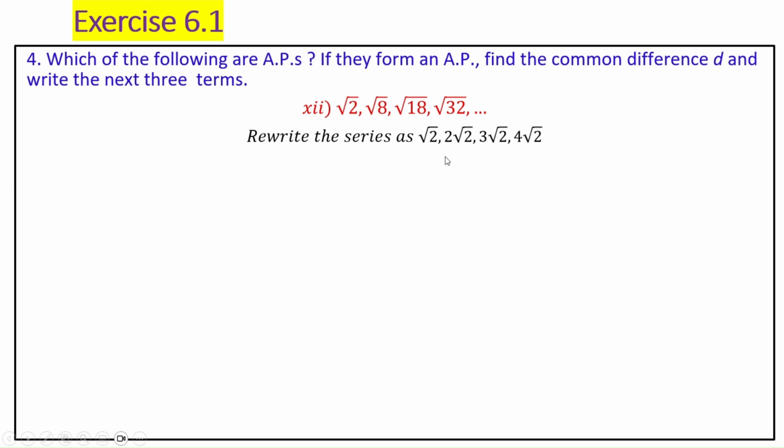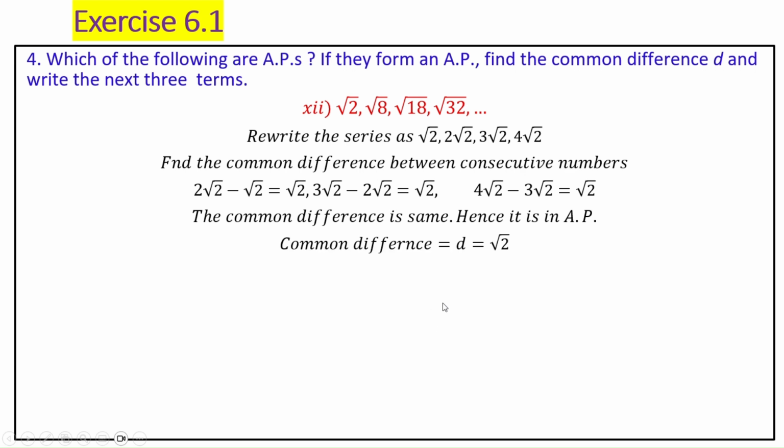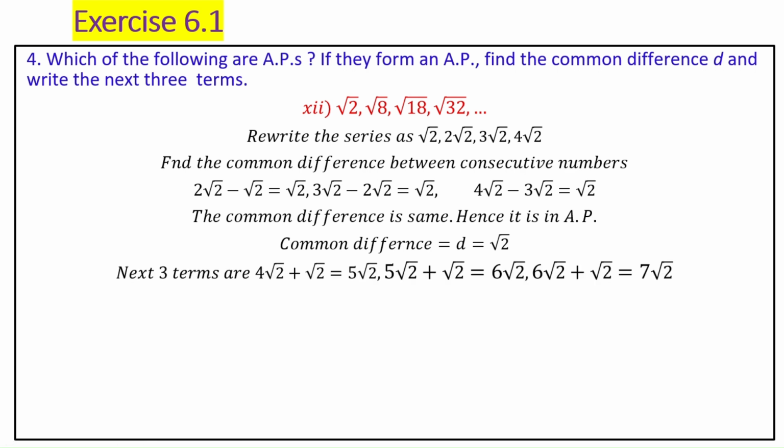You can write 8 as 2 square root of 2, 3 square root of 2 and 4 square root of 2. So definitely we can clearly see the common difference is the same, square root of 2, right? And thus they form an arithmetic progression. The next three terms are basically 5 square root of 2, 6 square root of 2 and 7 square root of 2, right? Okay.